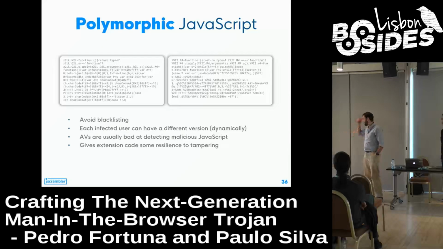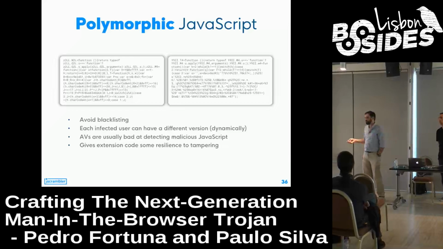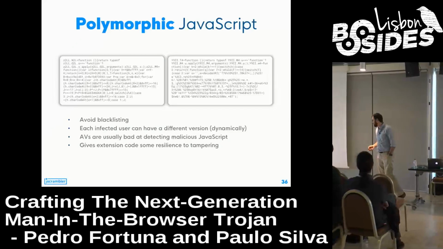And how does this work? We just write our source code, we pass it through some tool, and we get different versions doing the same thing but looking different. What makes that? Even if they have a signature, 5 seconds later our payloads or our implants will look different and they will pass these kinds of validations easily.